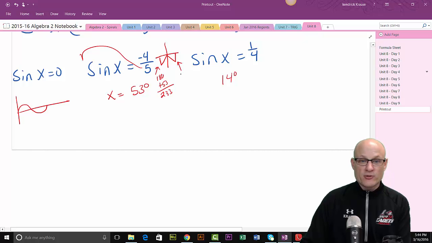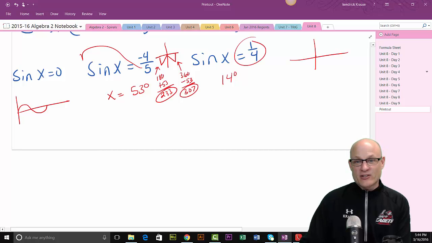And for this one, I'm going to do 360 minus 53 degrees, and I get 307. This is positive, and sine is positive in the first quadrant and the second quadrant. So I am going to keep the 14 degrees. But for the second quadrant, it's 180 minus 14 degrees, which is 166.